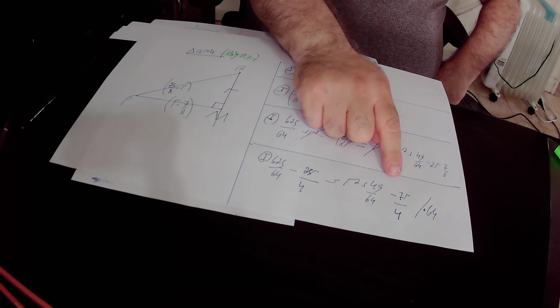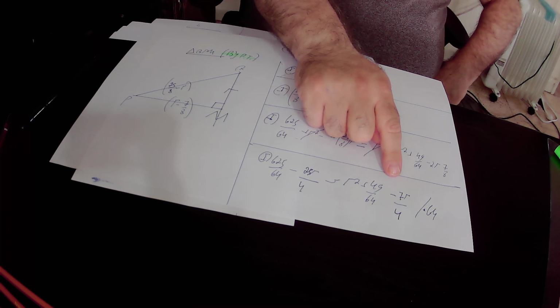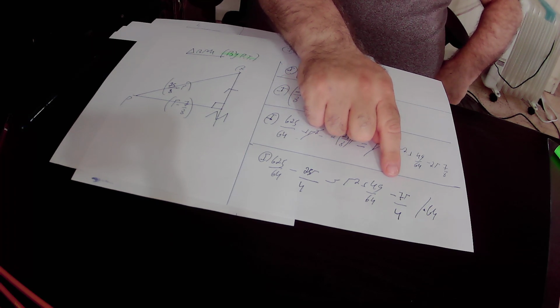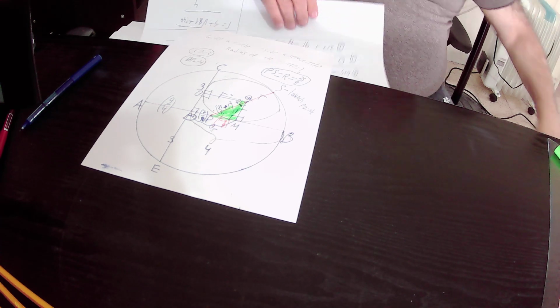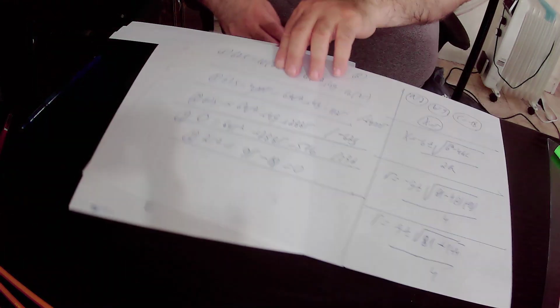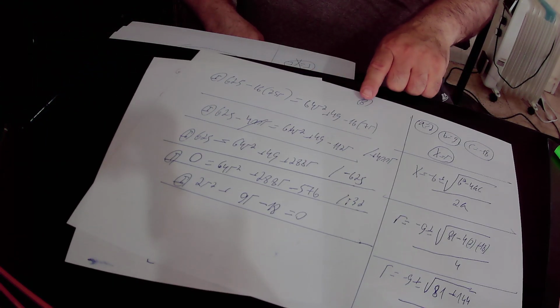It is actually minus 64 over 4, that is minus 16. So this expression equals minus 16 times 7r. Okay, so this is the expression that we got from equation number 1.